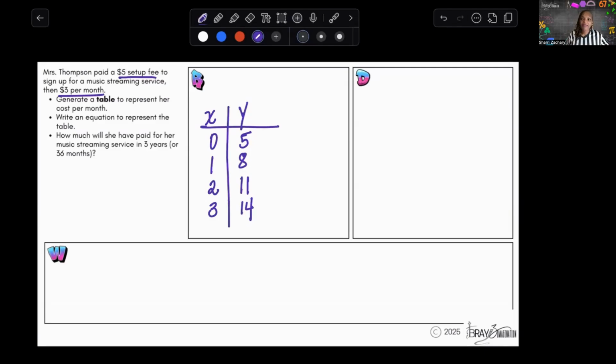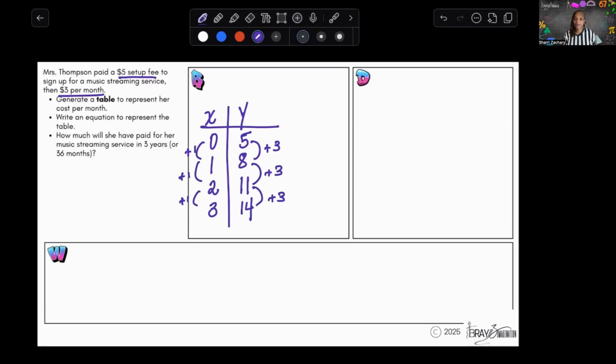So in looking at this, I want to determine my slope, which I kind of have a hint here because it says $3 per month. But let's think back to rise over run. Rise being our differences in y's, run being our differences in the x's. So I see here I have plus 3, plus 3, plus 3. And then for my x values, or my run for my slope, I have plus 1, plus 1, plus 1.